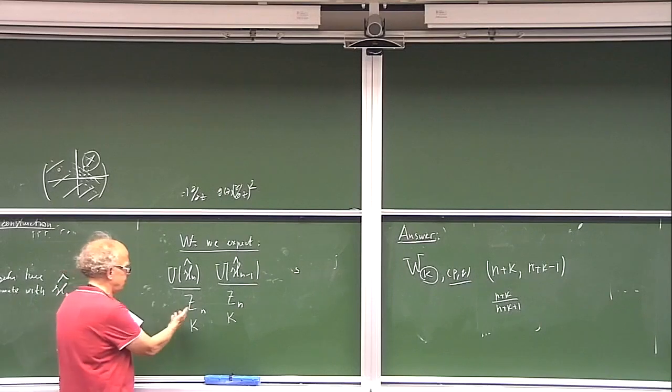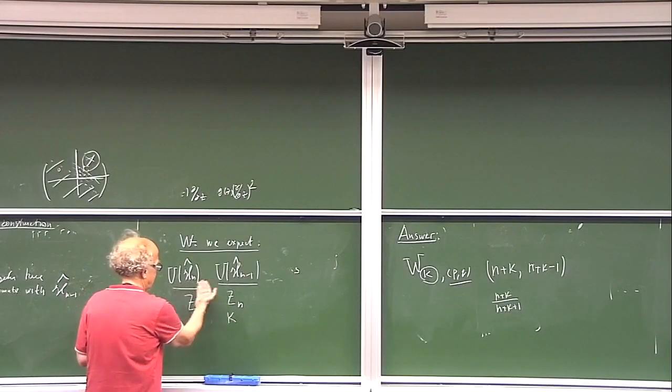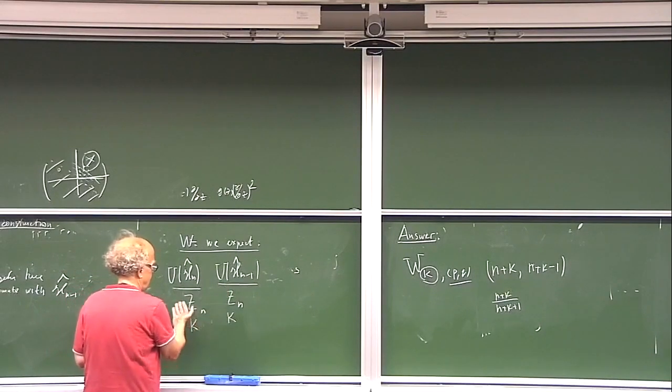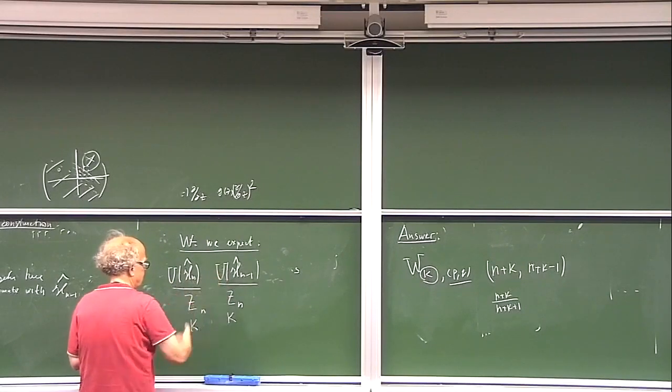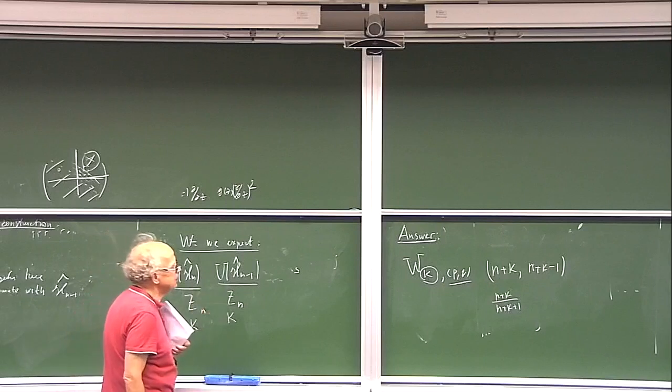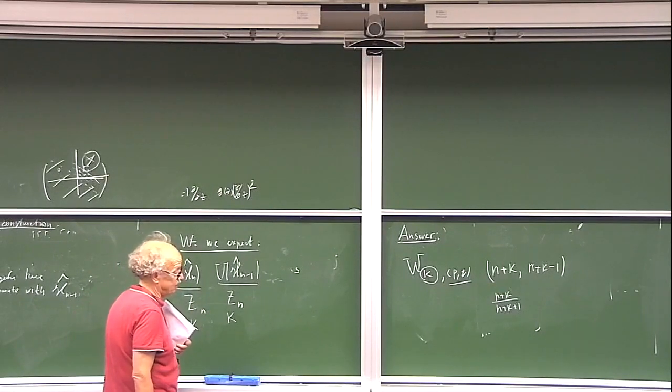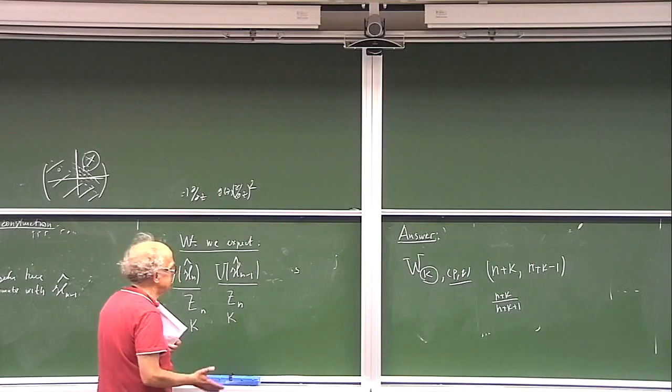Because here we have a Casimir, here we have a Casimir, we also have two cubic Casimirs and so on, but our answer is not like that. So it is not precisely this.